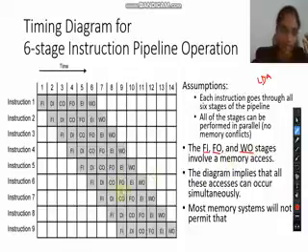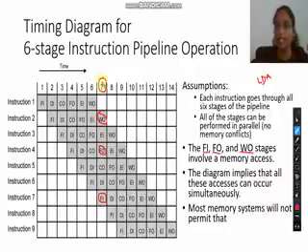Now if you see here in time 7, in this time unit, you can see all these 3 operations are happening simultaneously for various instructions. Fetch instruction, fetch operands, and write operand, all are happening at the same time unit. This means that all of these instructions are accessing the memory, but in practice it is not possible, and most of the memory systems don't permit that.